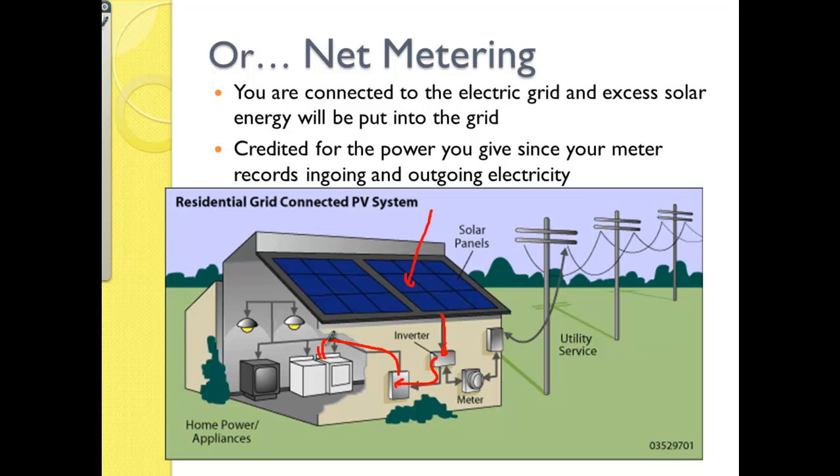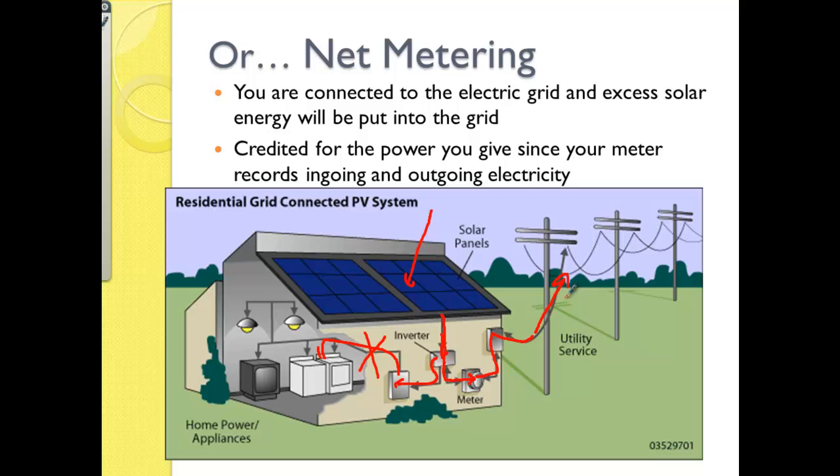Or if you don't need it in your house, in other words, it's making more electricity than you actually need, net metering means it'll go back through your meter, make it spin the opposite direction, meaning that the electric company is going to see you actually producing electricity, not using it, and then send it back into the grid system, where someone else down the wire can use the electricity.